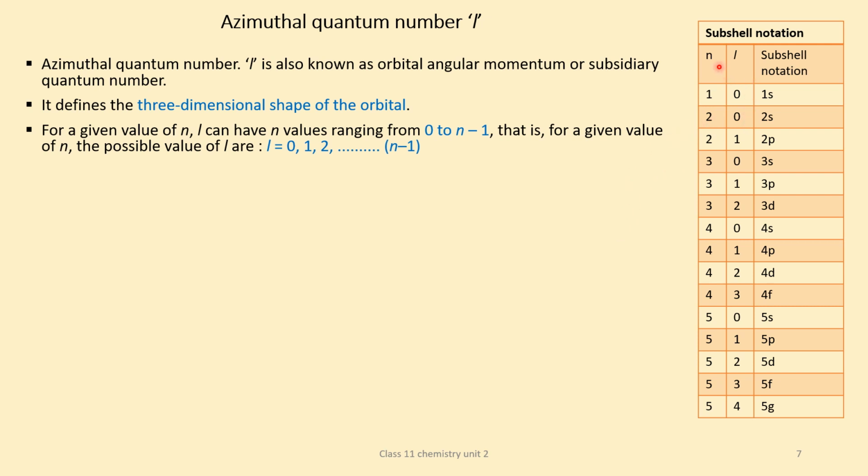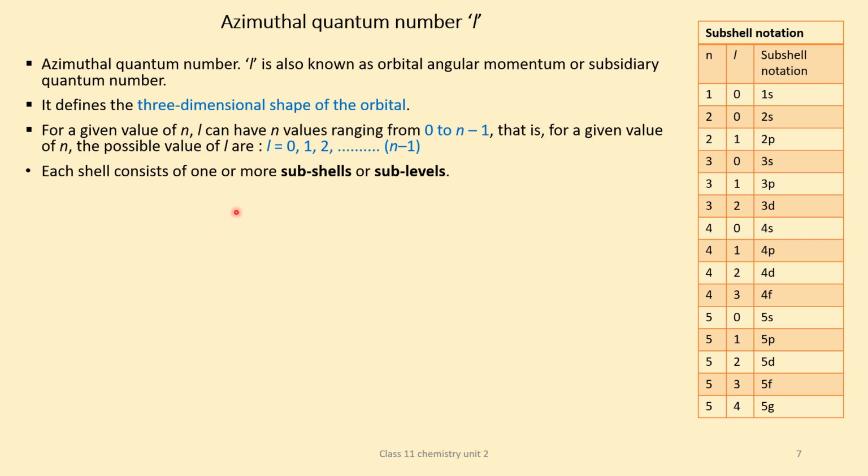The value of n starts from 1 and it extends: n equal to 1, n equal to 2, n equal to 3, n equal to 4, n equal to 5, and on. Whereas l is equal to n minus 1, that is 1 minus 1 equals 0. So it starts from 0 and extends up to n minus 1, that is 5 minus 1 is 4.